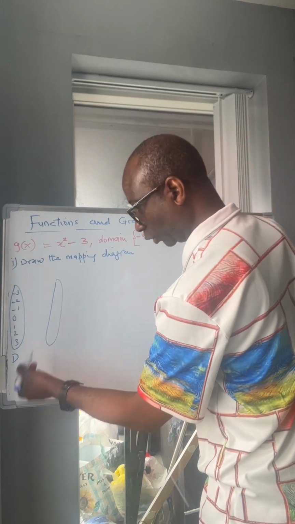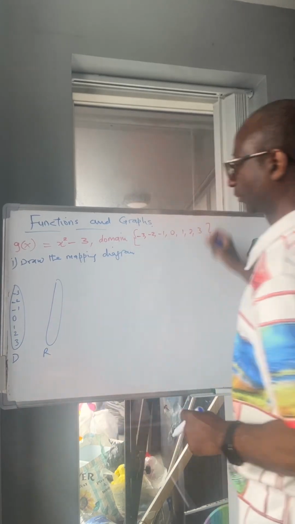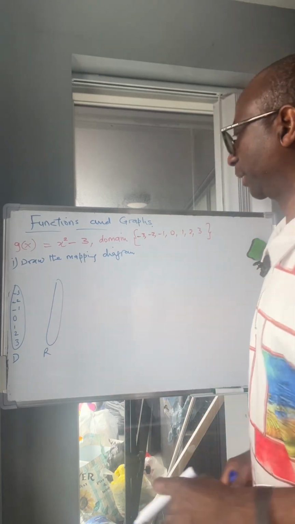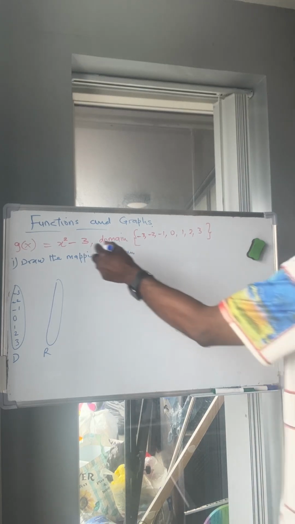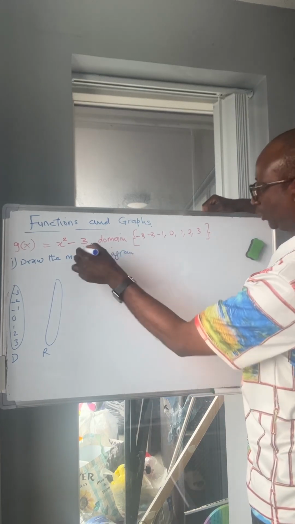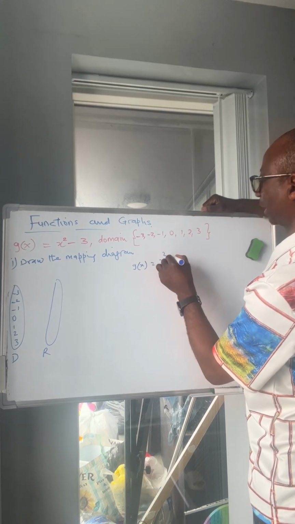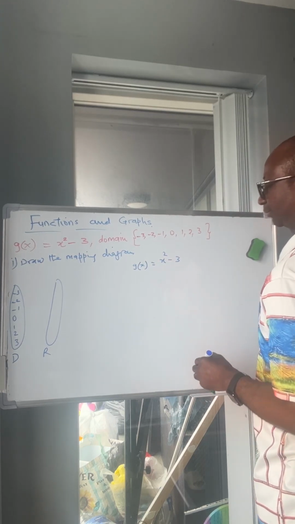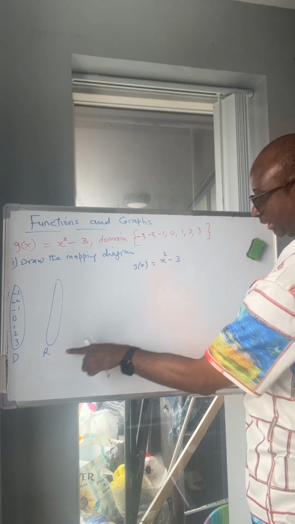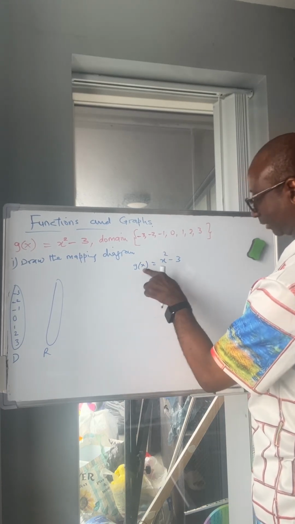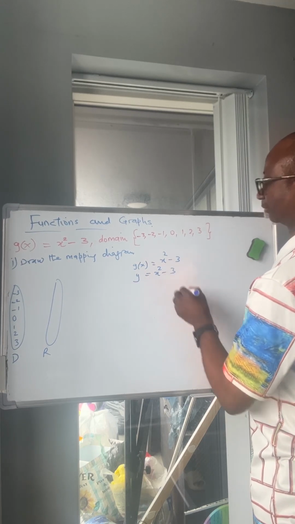You want to find the codomain, the range, or the output. So we have the function g of x equals x squared minus 3. We want to find your output, the range, or simply y equals x squared minus 3.